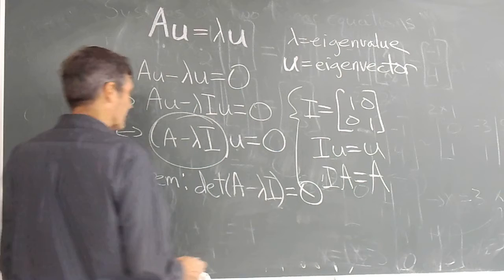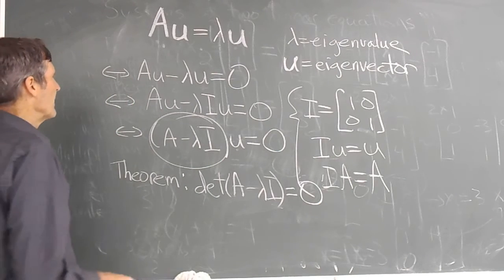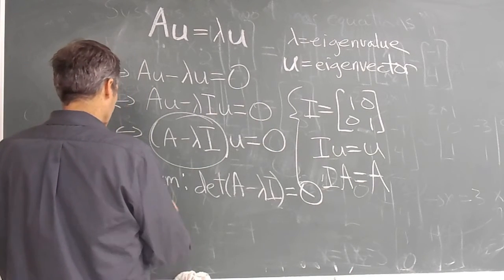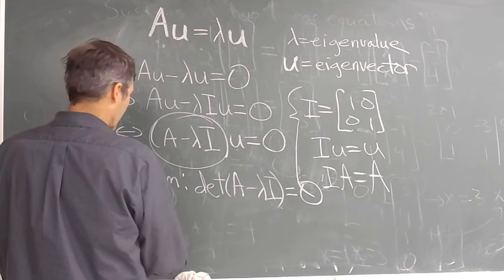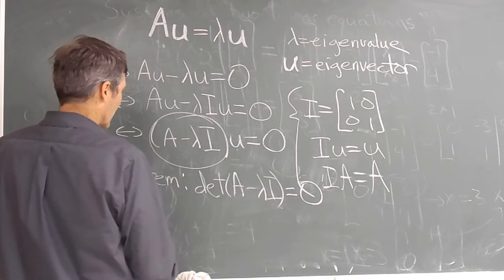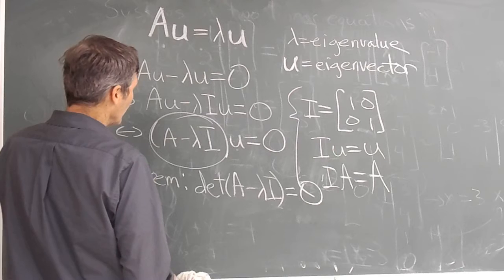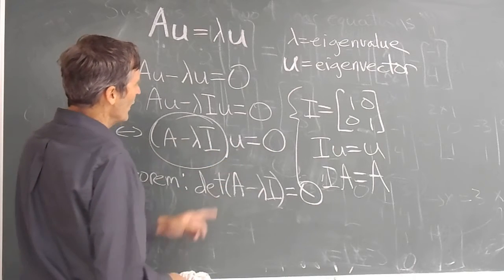We remember what determinant is, right? So this is true in order that this equation hold when u isn't the 0 vector.